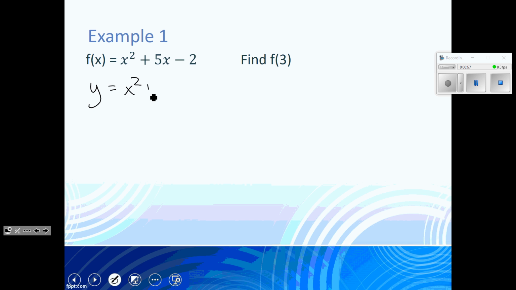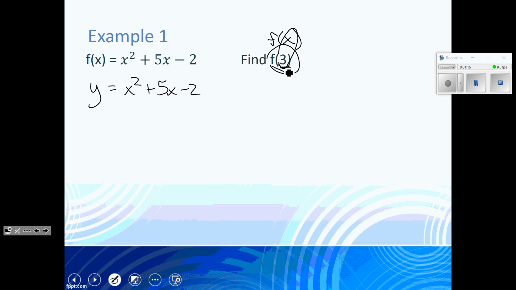So the question I'm asking is, I want to know the output when 3 is the input.